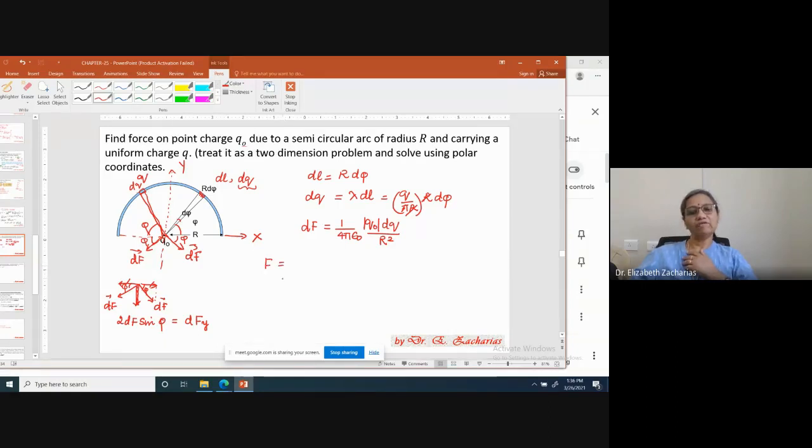The net force will be, I have to do an integration of this dFy. And I have to take all elements starting from here to here. Similarly, here also you have to start from here and end here. So when I am taking an element here, what is the angle phi?